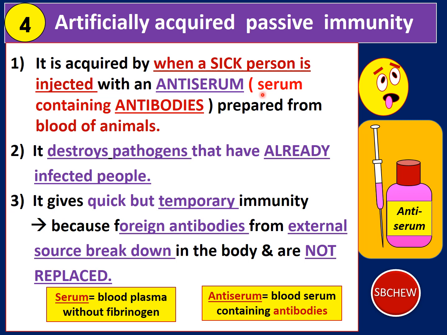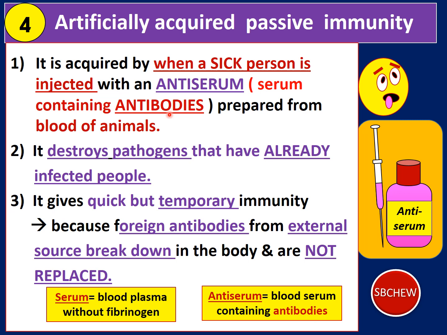So how do we get the serum containing the antibodies? It must be prepared by using animals which are intentionally injected with these antigens or pathogens or the toxins so that they fall sick and start to produce antibodies for that specific disease.